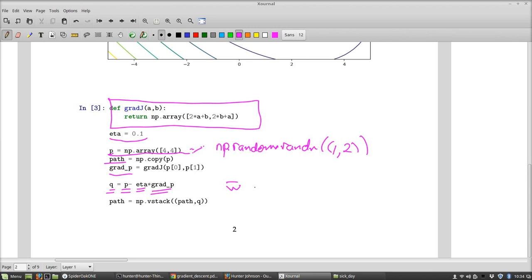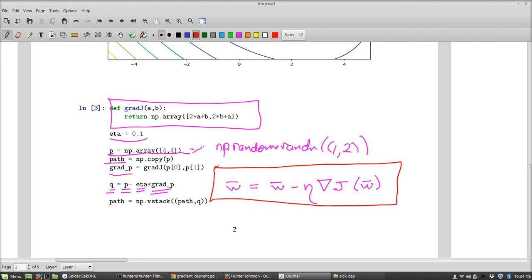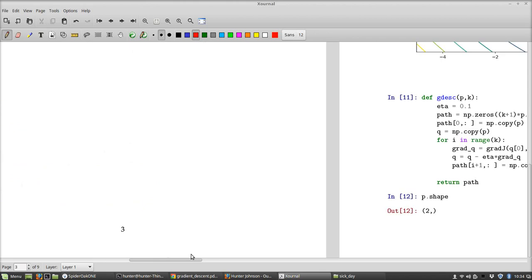The next w is going to be equal to the previous w minus eta times the gradient of J with the previous w plugged in. So this is the equation, or the update rule, that really is gradient descent. Let's just keep following this code here and see what happens. Let's go over to the next page.